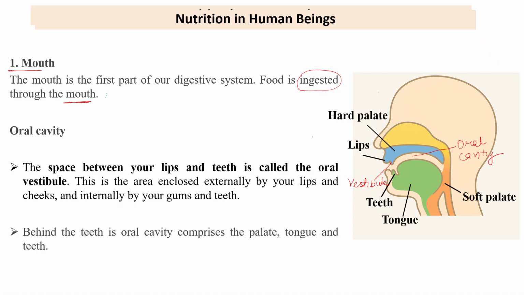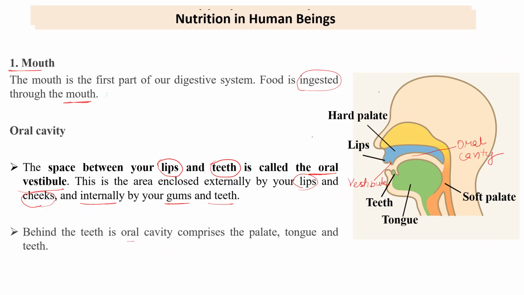The space between our lips and teeth is called the oral vestibule. It is enclosed by lips externally, internally by our gums and teeth, and on the sides by the cheek.